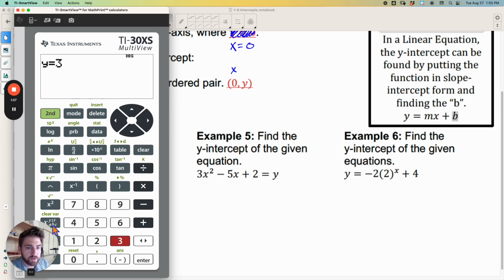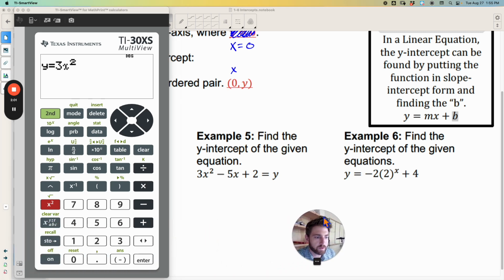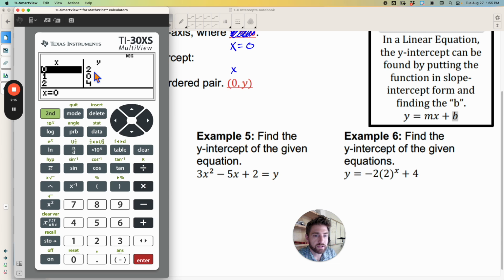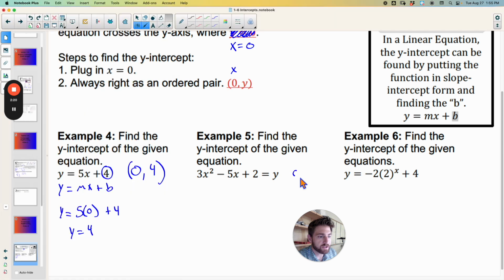So we'll do 3x squared, let me move this out of the way for a second, so 3x squared minus 5x plus 2. Hit enter. We'll start at 0 because that's what we want x to be. And so when I plug in 0 in here, it gives me an output of 2. So I know that my y-intercept here is just 0, 2.